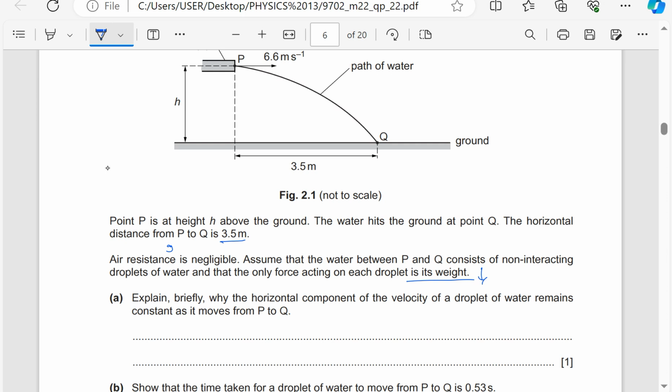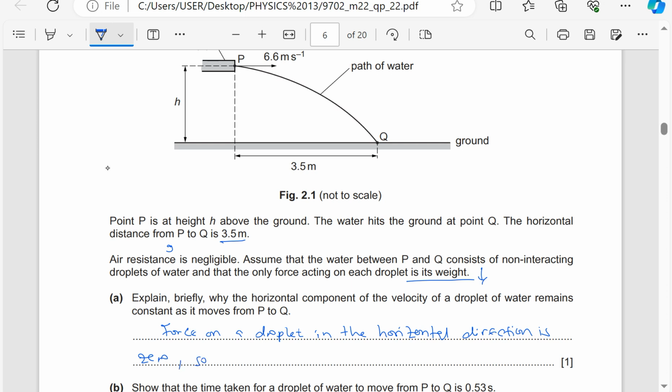So the force on a droplet in the horizontal direction is 0.